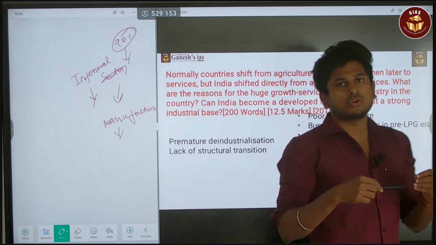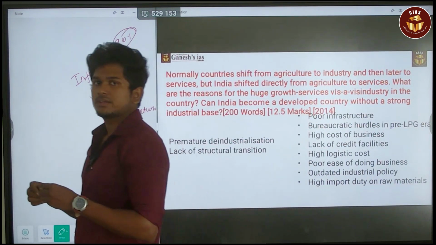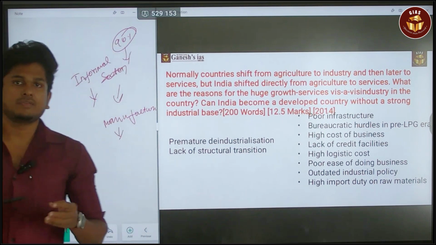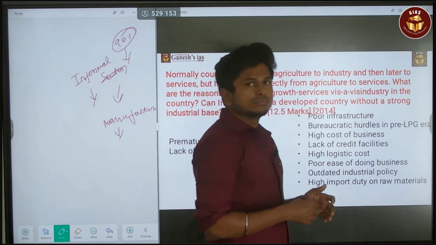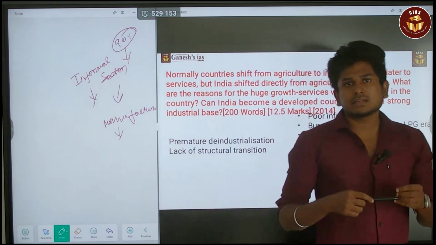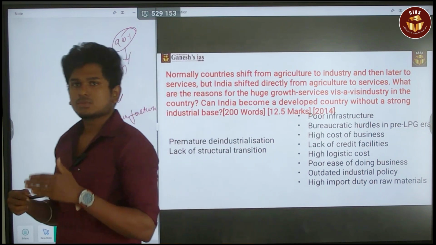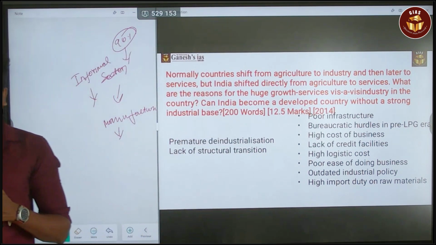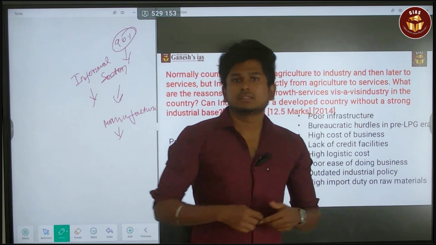By that, India is going to be a developed country. Or else you can say that India will achieve the 5 trillion economy within a short time period. You can say it that way also. So these are the ways you have to address the question. This is the structure you need to follow. Okay, thank you.